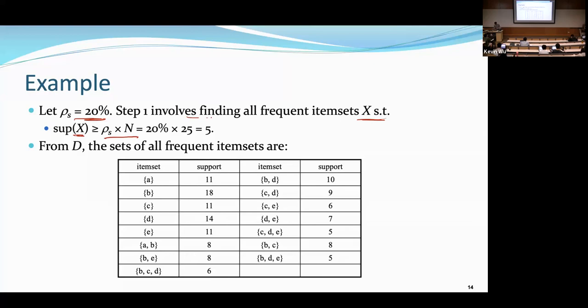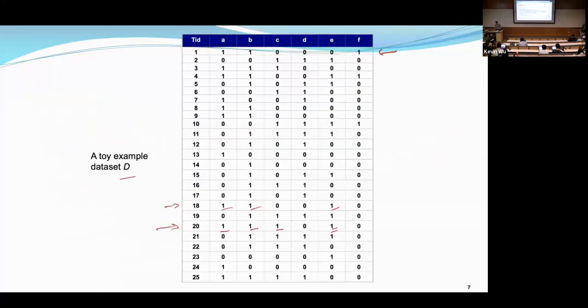In the toy example, you remember we have 25 transactions, and if I set the support threshold to be 20%, this means 5. So any item set X is considered frequent if its support count is at least 5 in our toy example.